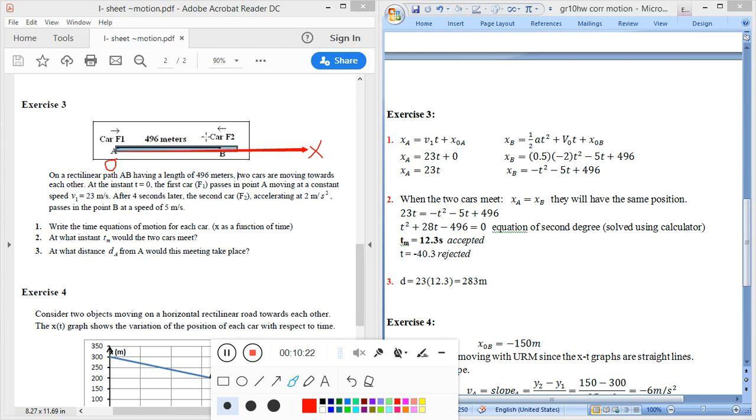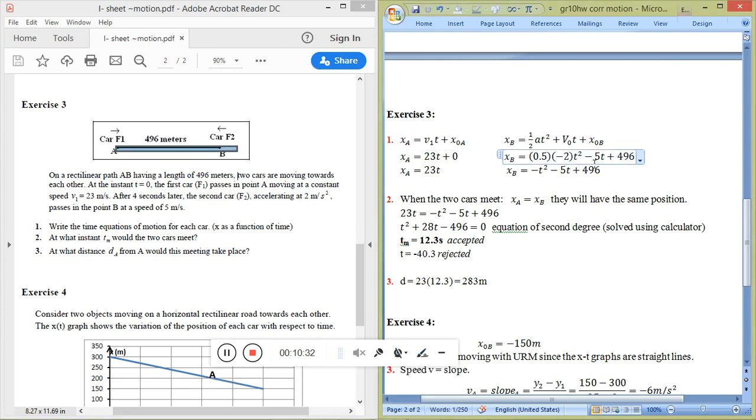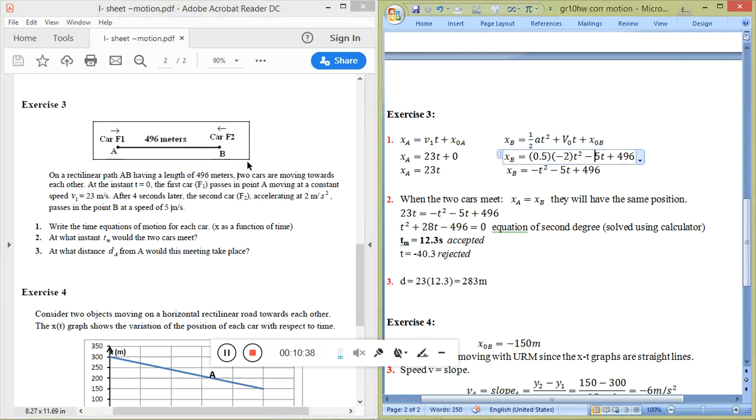So its acceleration and velocity are negative. So the acceleration is -2, and also the velocity is -5, which is the initial velocity. And the initial position x0 is 496, which is away from the origin by 496 meters at start. This is the time equation of position for car B.